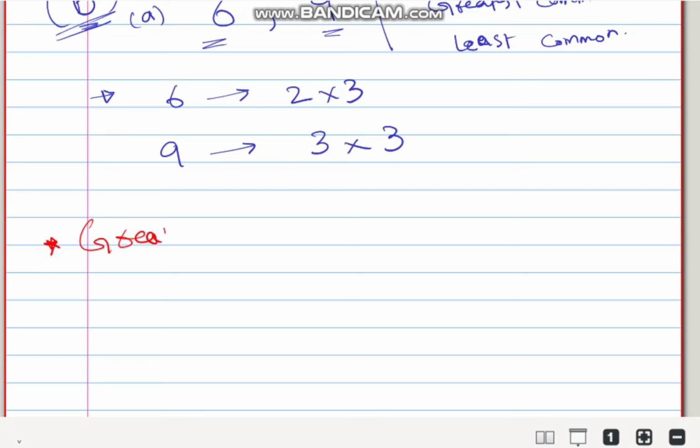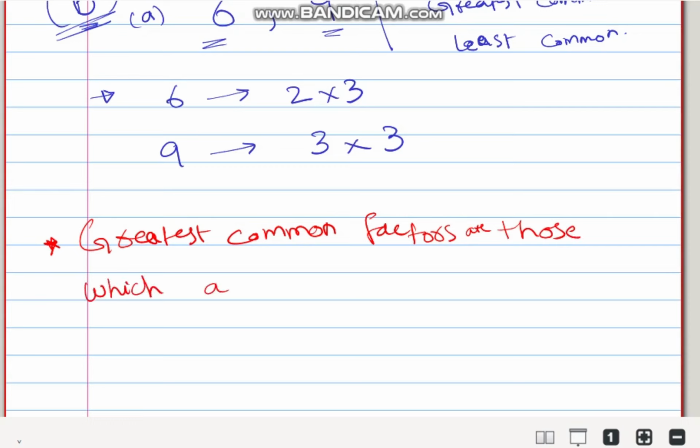Greatest common factors are those, please remember this, which are present in both the factorizations.